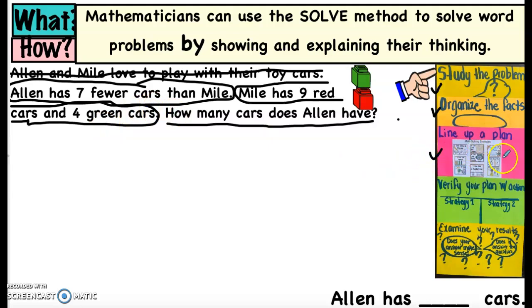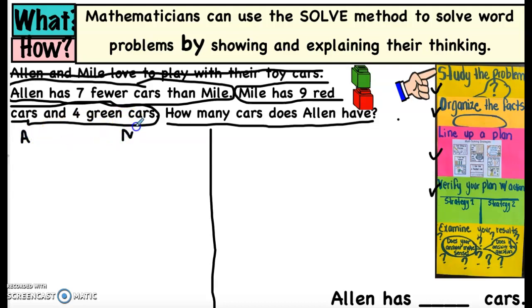It says that we need to choose 2 different strategies to show our thinking. So I was thinking of using my manipulatives for one and then using a number sentence for the next one. So we're going to then verify our action with plan. So let me use my manipulatives. So we have Alan, right? And we also have Miles.